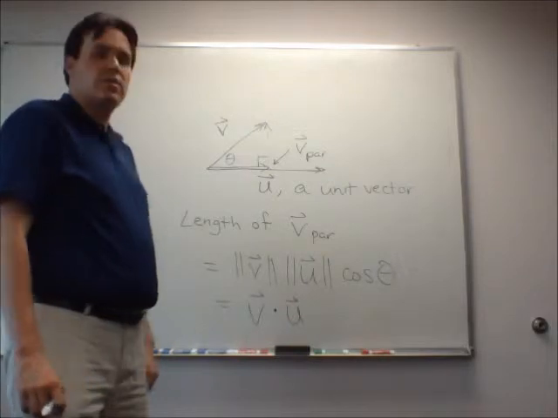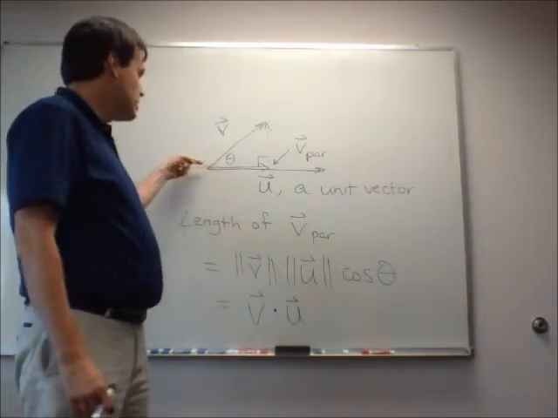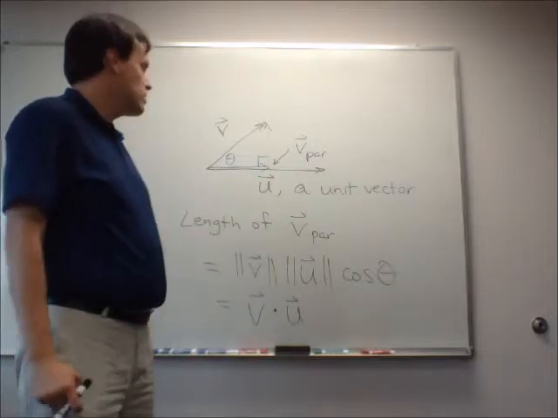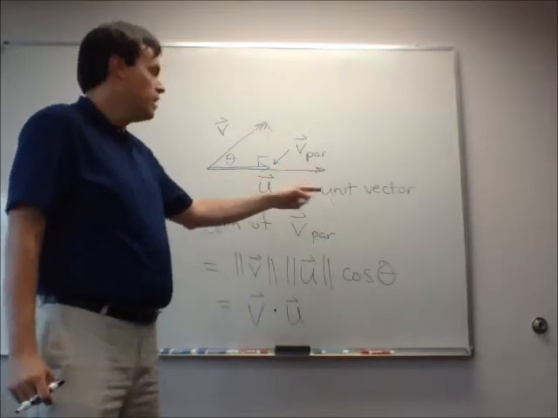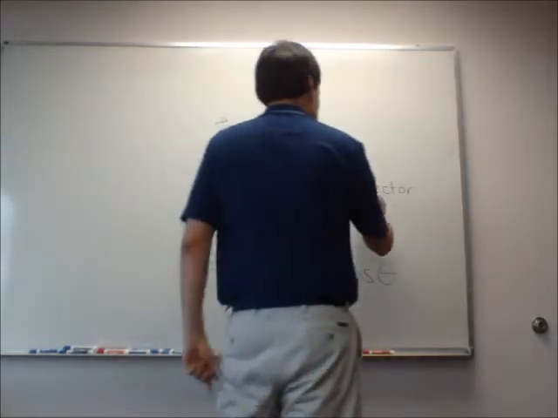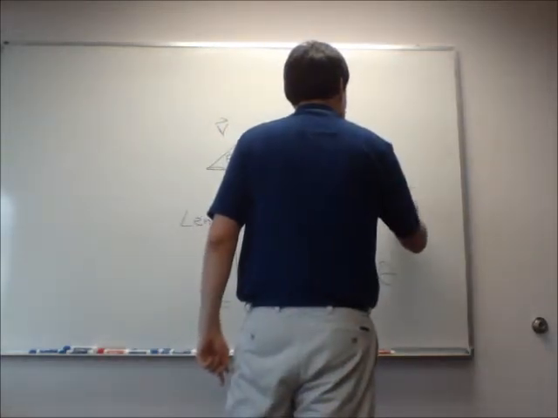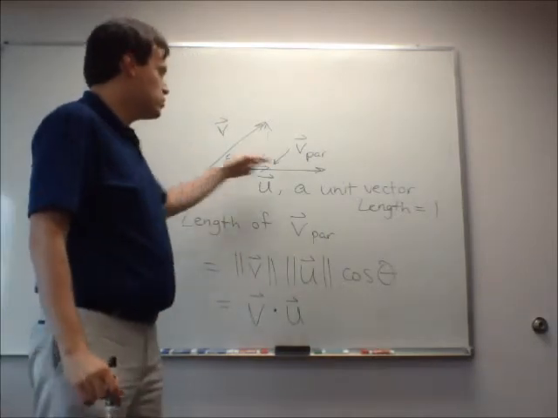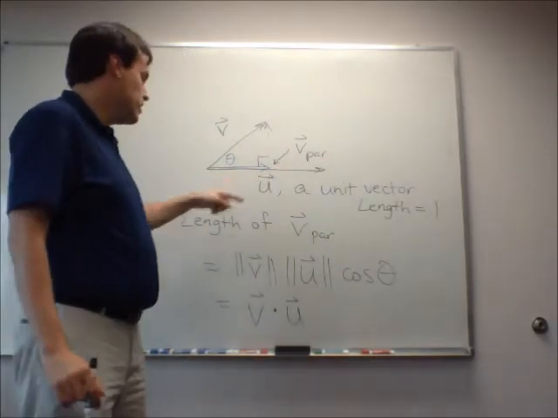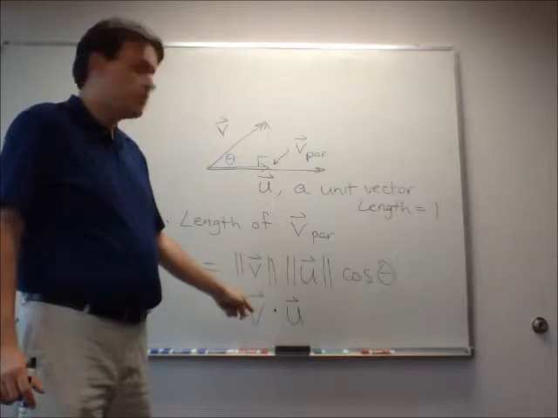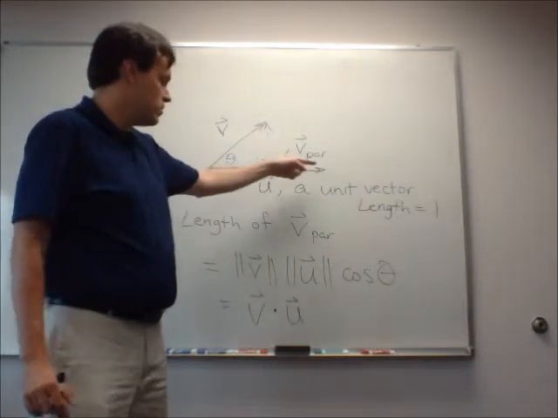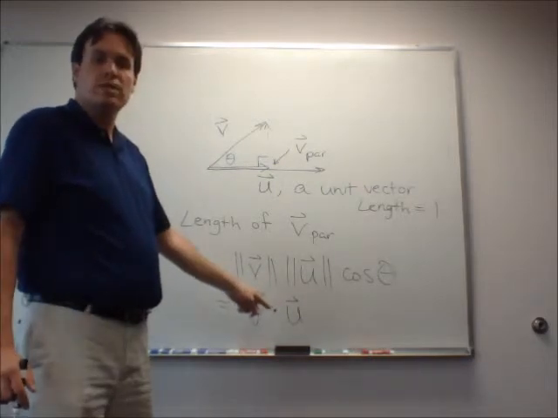In order to find what the vector is, I need to realize this vector goes in the same direction as u, it's just a different length. Okay, I have u going in this direction, and its length is 1. If I have a vector of length 1, and I want to make it have a different length, the length is the dot product of v and u, that means I just need to take my unit vector and multiply it by whatever the magnitude needs to be.